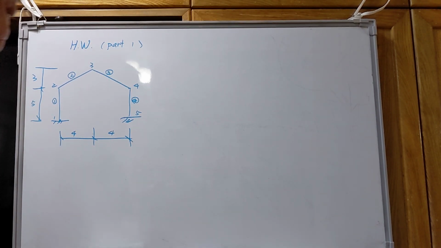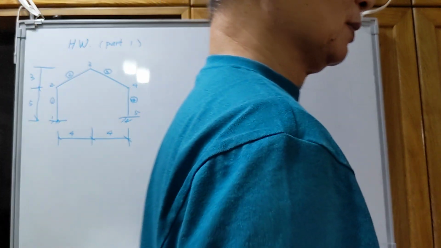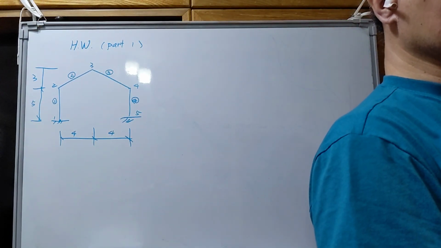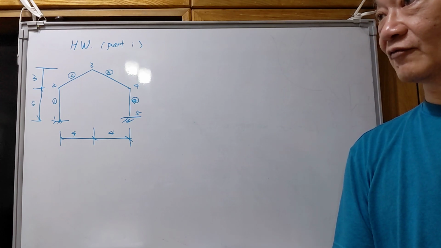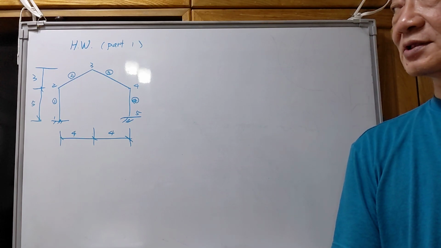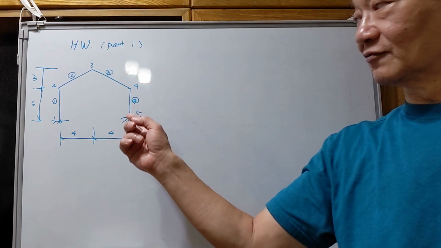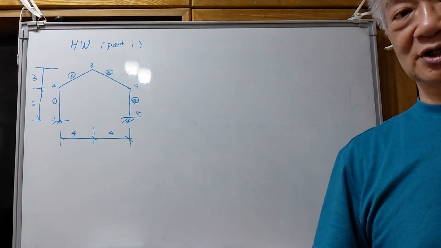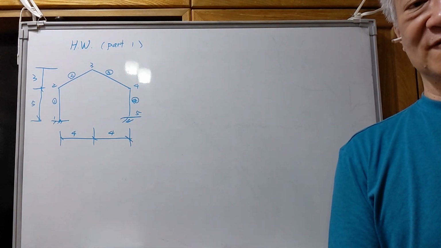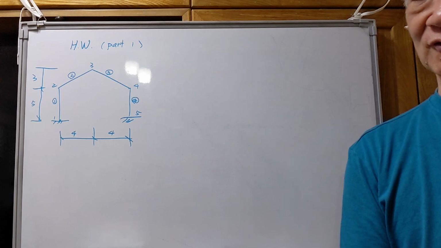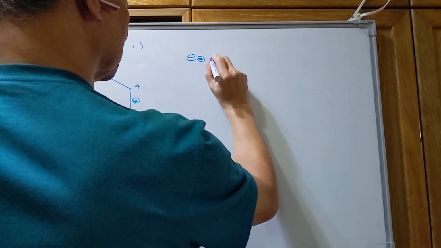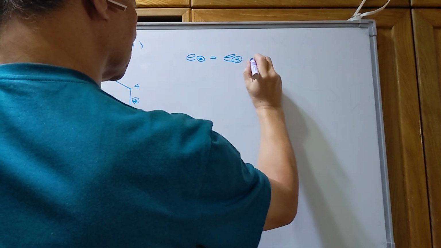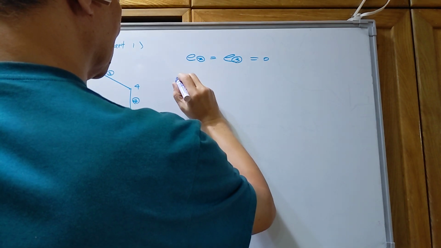However, in the homework problems, I gave you the geometric information for all these 5 nodal points. So for these structures, we need to use 5 nodal points and 4 elements, and we have E2 equal to 0, E3 equal to 0.